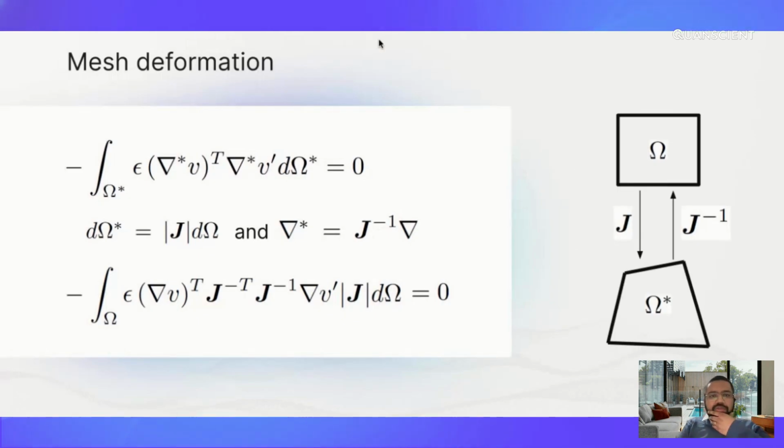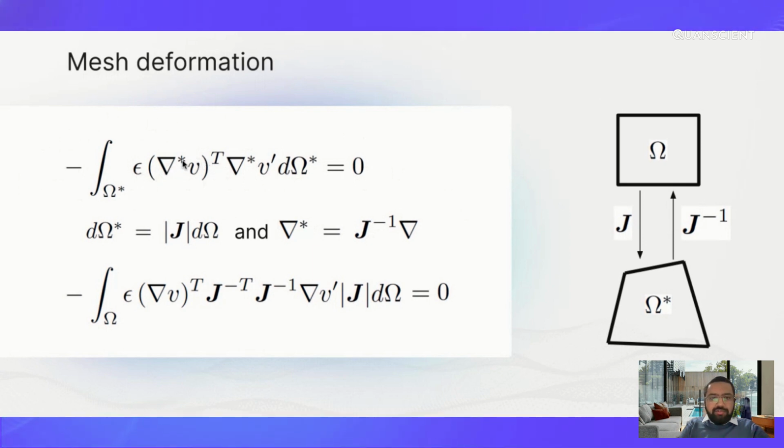So in this case, to tackle the mesh deformation, I take an example of electrostatics. As you can see in the weak formulation here, the first equation, there is the gradient of electric potential. It has been integrated once, so that's why you see the grad of electric potential and the electric permittivity in this case.